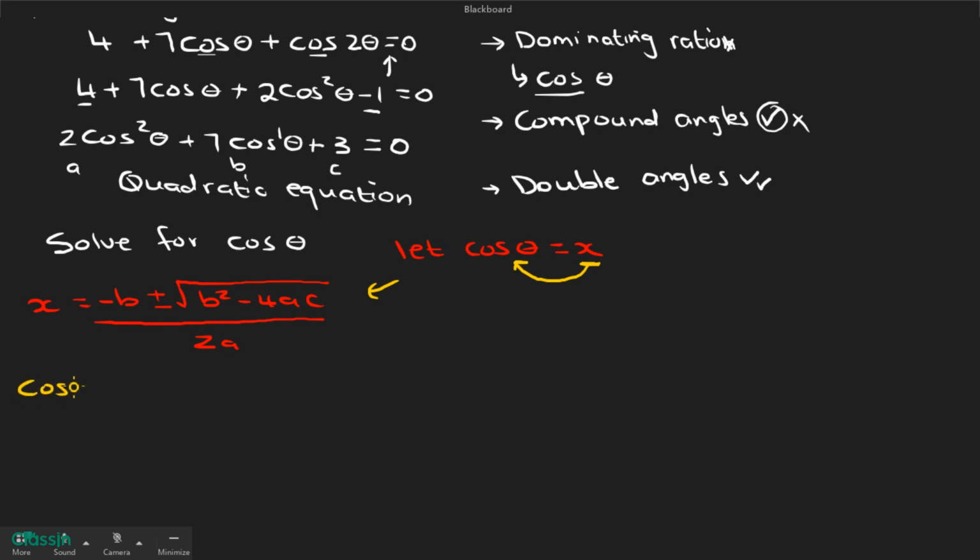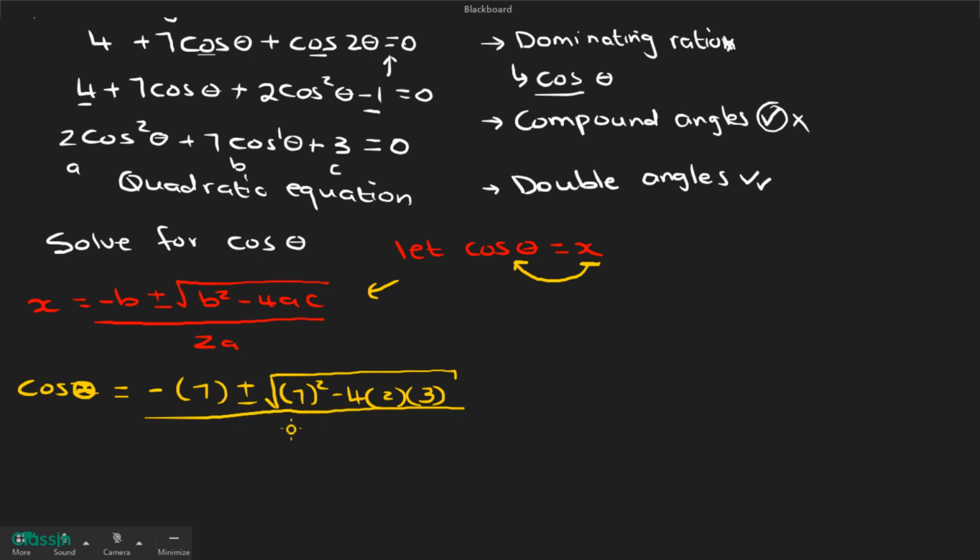Therefore, cos theta is equal to minus, what is the value of b? The value of b is 7, plus or minus the square root of 7 squared minus 4 into 2 into 3, all divided by 2 into 2.